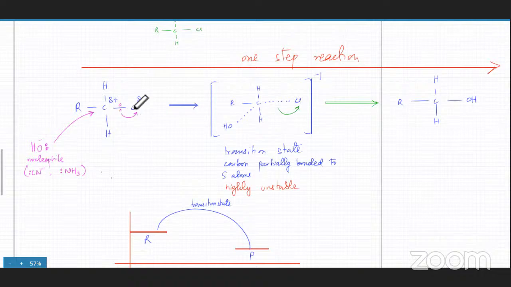So the OH minus is very strongly attracted to it. And because the positive charge density is very high, it wouldn't allow the Cl to leave or break off unless the OH minus comes in and pushes the Cl away. So this is what the OH does, and that's why the Cl breaks off.